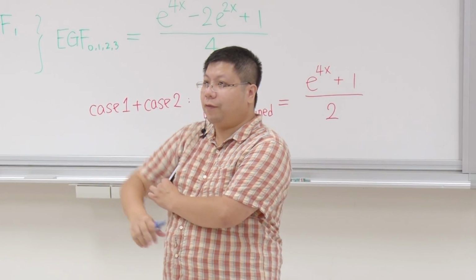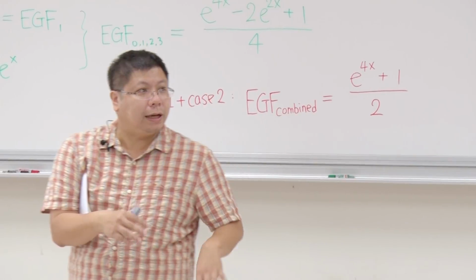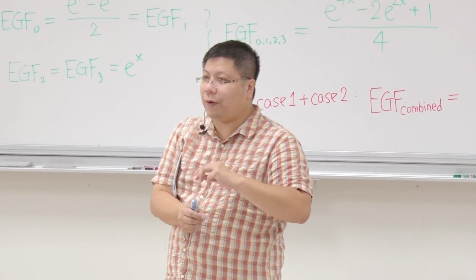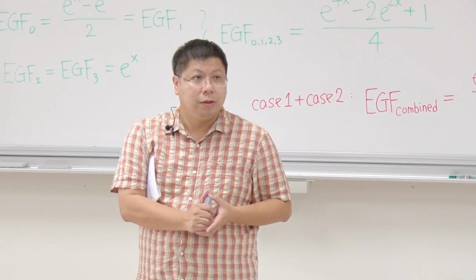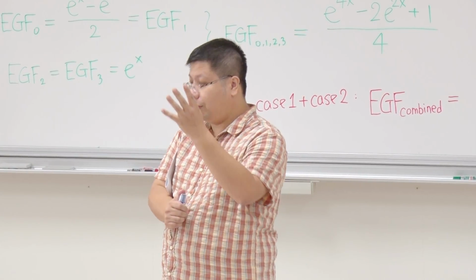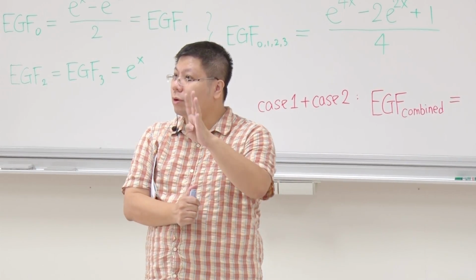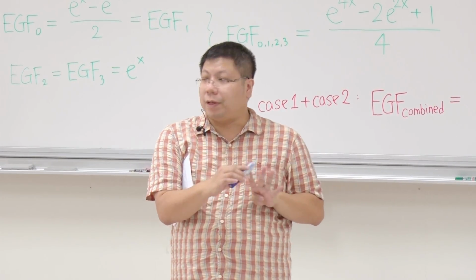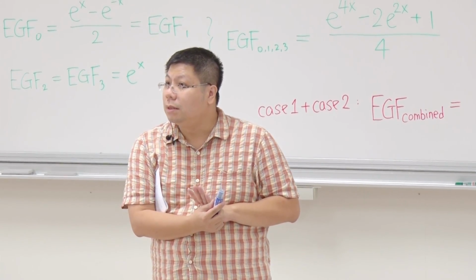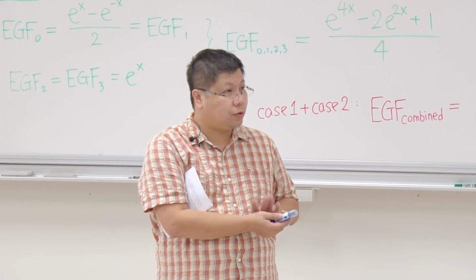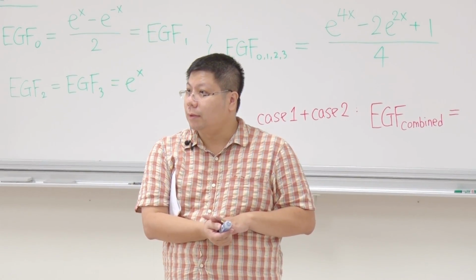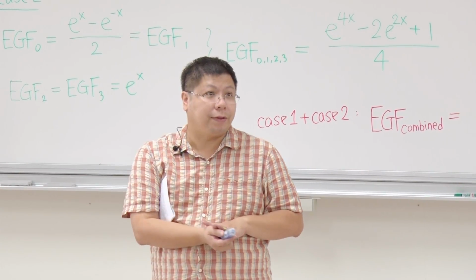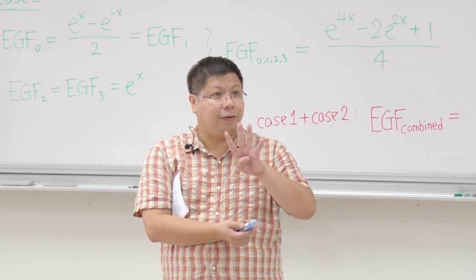Now, let's make it more general. Let's say I allow you to use a total of 4 symbols, each of them chosen from 0 and 1. How many ways can we get a string that is of even length, exactly of length 4?